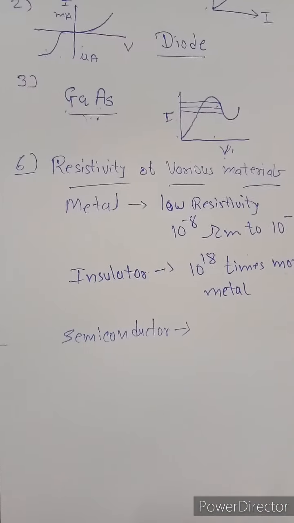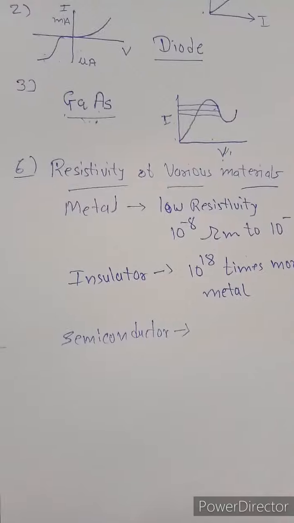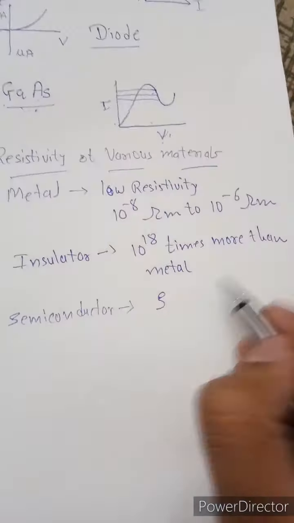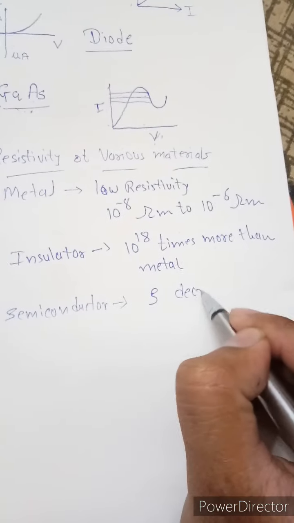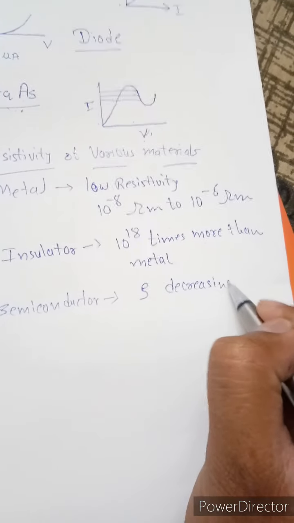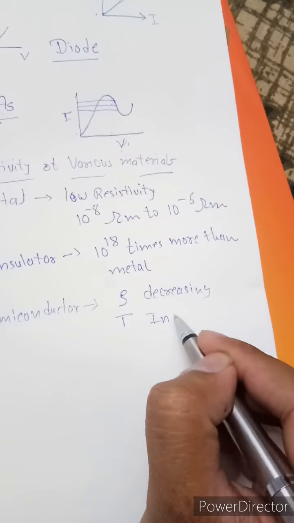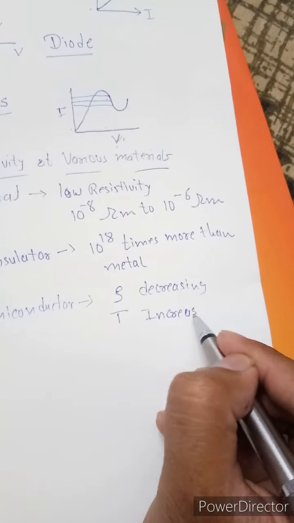Semiconductor resistivity, whose symbol is rho, is characteristically decreasing when you increase the temperature.